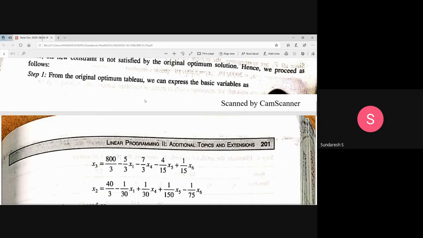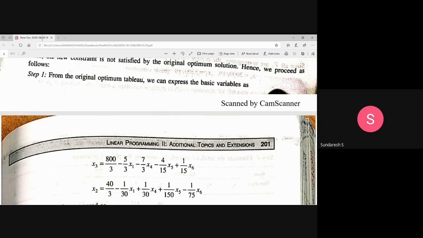So the original optimum table, the last table we have arrived at, from the previous optimum solution.